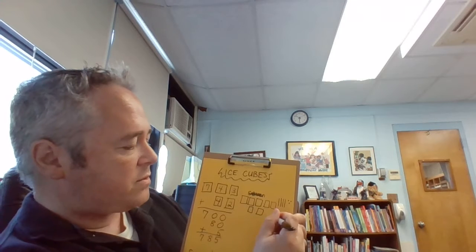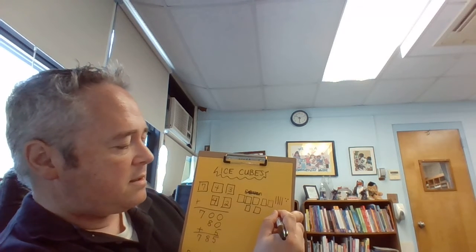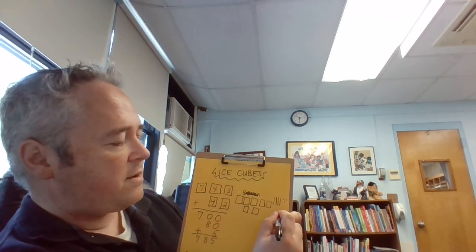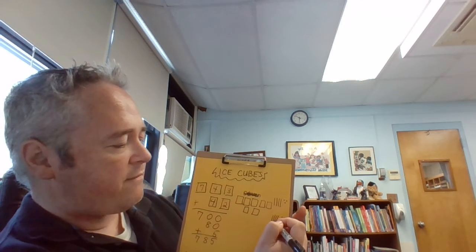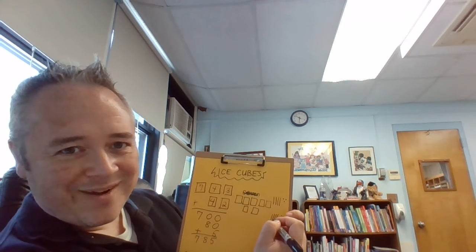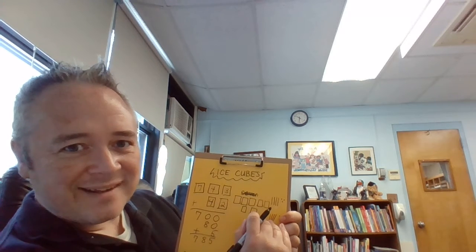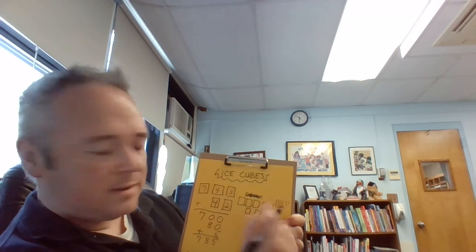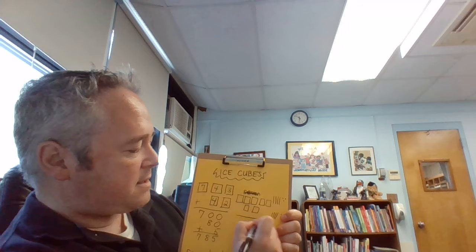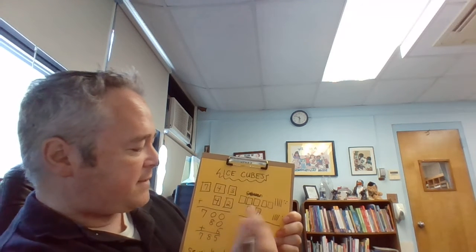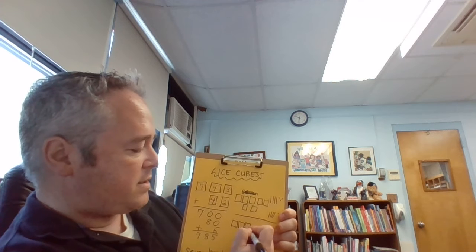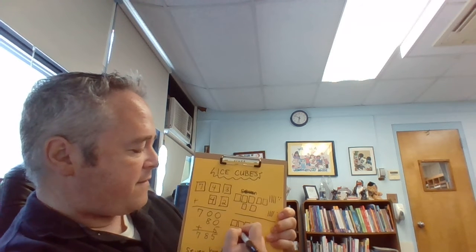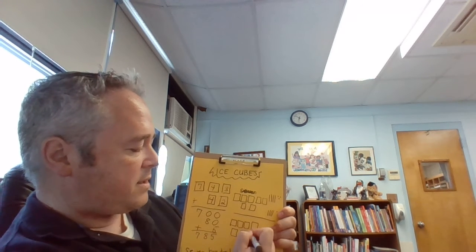I'm going to add 42. So I'm going to go 10, 20, 30, 40, 41, 42. Do you see how I represented it with a picture? So let's add this up. So I have 700: 100, 200, 300, 400, 500, 600, 700.